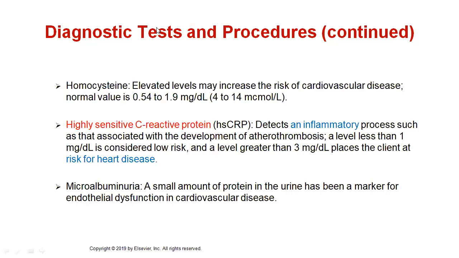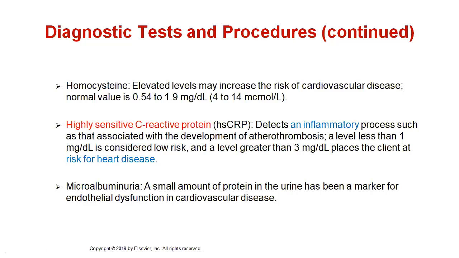Another diagnostic test, homocysteine. I told you, if anybody eats too much meat, the homocysteine level goes up. It is an amino acid. So if anybody's level is elevated, it may indicate the risk of cardiovascular disease. Another one is called highly sensitive C-reactive protein.